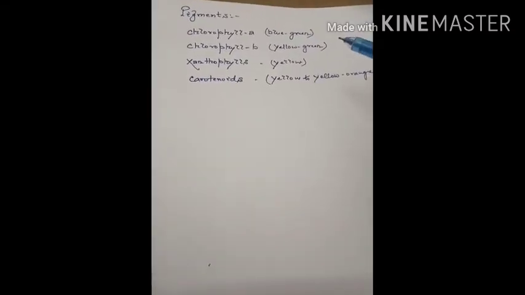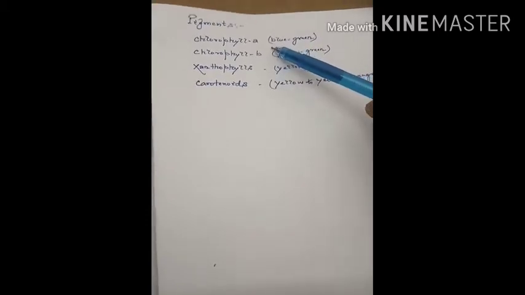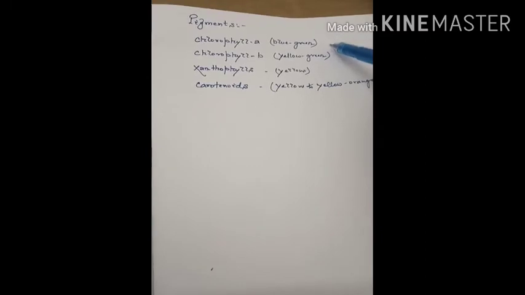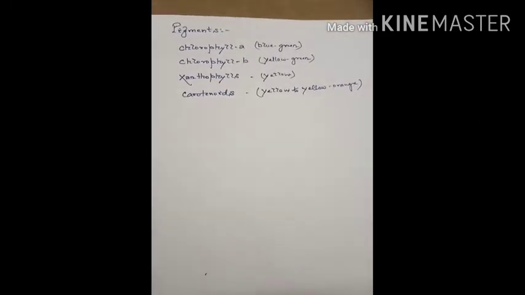Most specifically, the common chlorophyll pigment is chlorophyll A, which is the most important pigment playing a vital role in the process of photosynthesis.